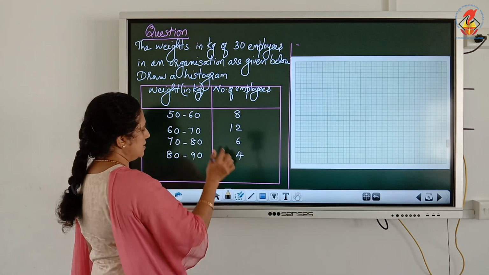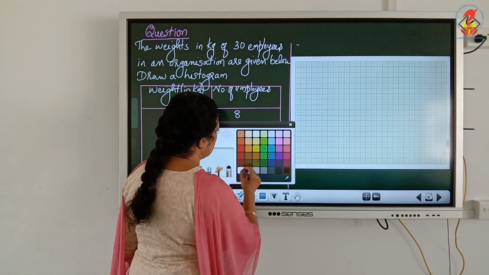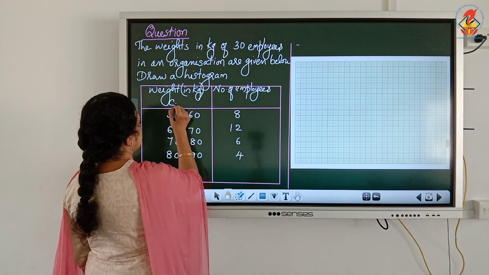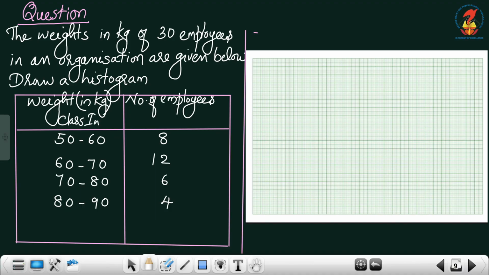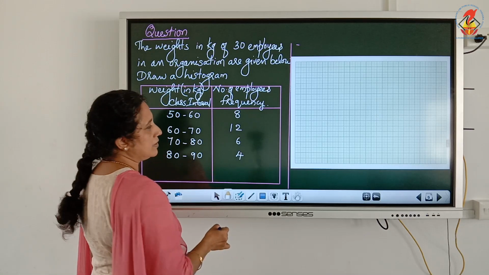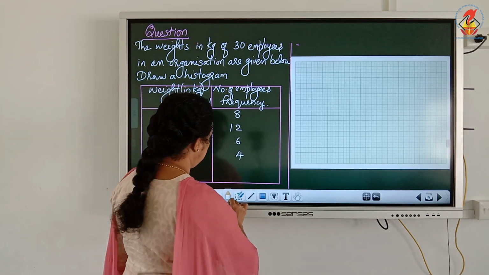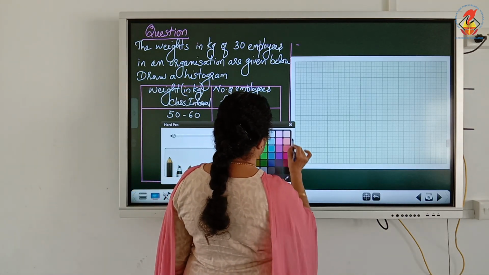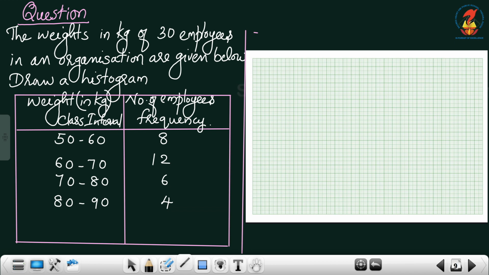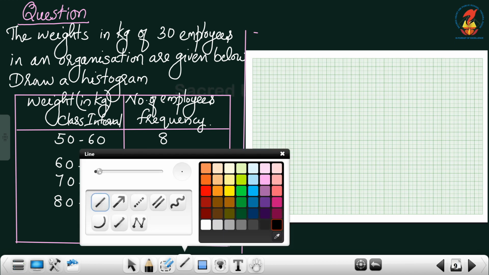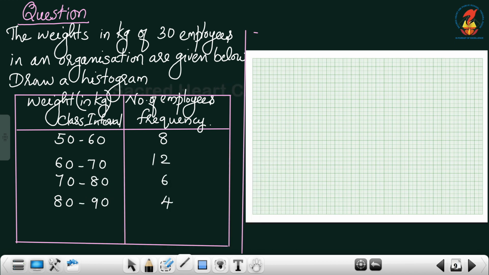So we can write the class interval, and here the frequency. Now we have to draw the histogram. First we have to draw the x-axis and y-axis.